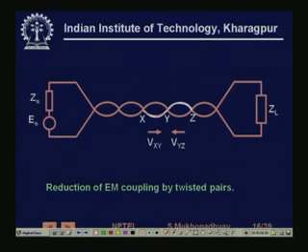Now if you have flux going up from here, then you can apply electromagnetic laws and deduce that the EMF induced in Vxy is going to be positive, so in this direction, and the EMF induced in Vyz is going to be in the opposite direction.